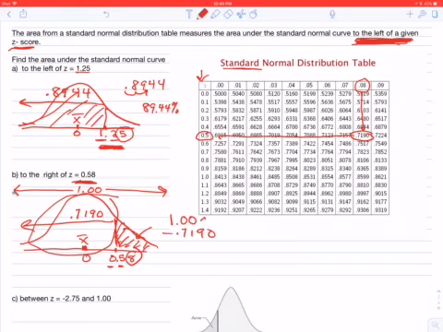So I'll add a couple more zeros so I can subtract. And I get 0.2810. So as a percentage, I could say that 28.10% of the data is higher than a value that has a z-score of 0.58.